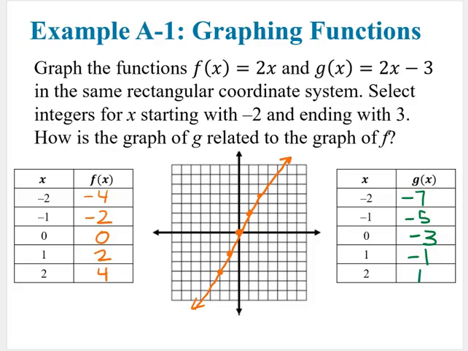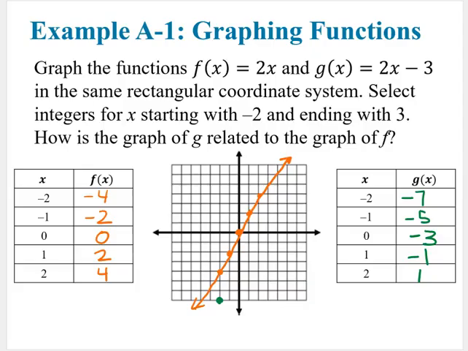And then again, repeat. Go through -2, -7 would be a little bit off. Let me count though: 1, 2, 3, 4, 5, 6, 7. Oh, I lied, it would be right there. Let me erase that dot. There we go. So there's my dot. All right, let's go back to drawing.